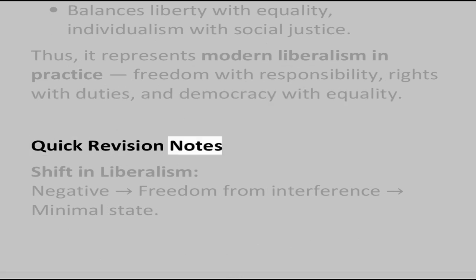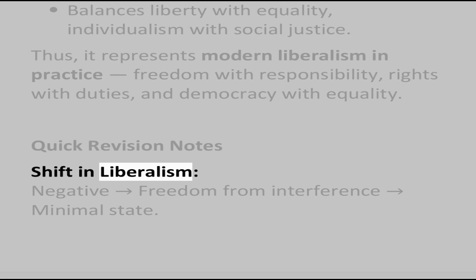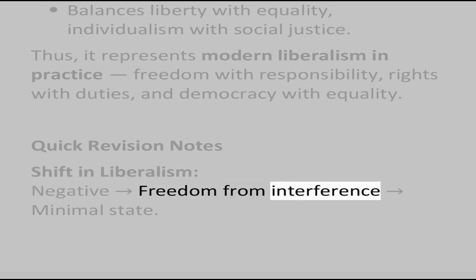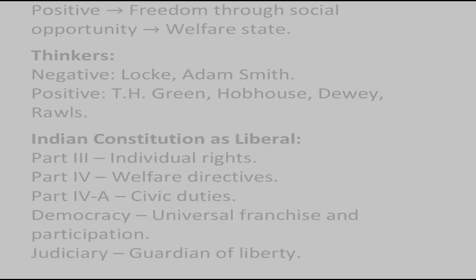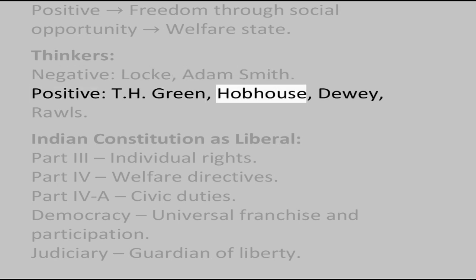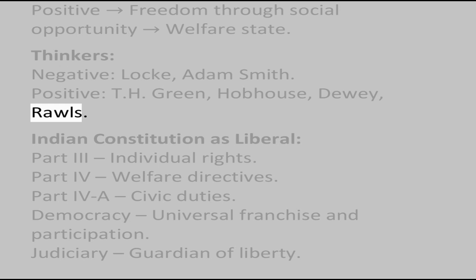Quick revision notes: shift in liberalism. Negative. Freedom from interference. Minimal state. Positive. Freedom through social opportunity. Thinkers. Welfare state. Negative: Locke, Adam Smith. Positive: T.H. Green, Hobhouse, Dewey, Rawls.